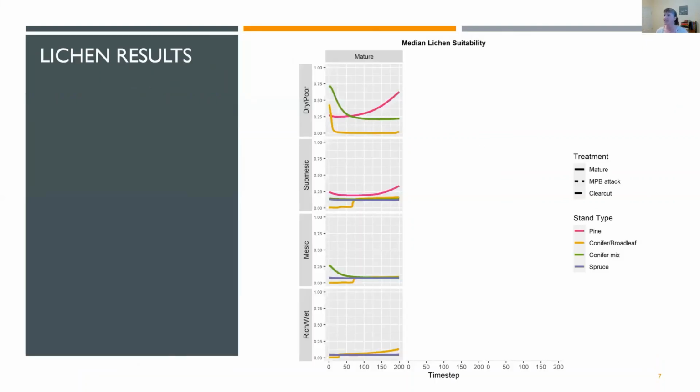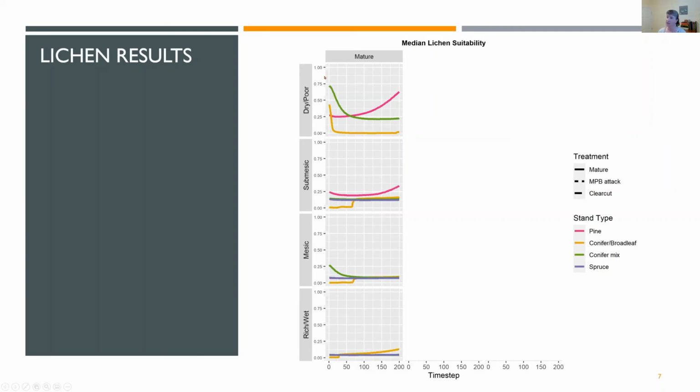So here we're getting into our modeling results. This panel presents the results of just the mature stand, growing the mature stand for another 200 years. The driest, poorest sites are at the top, and site productivity increases as you go down to the richest, wettest sites.